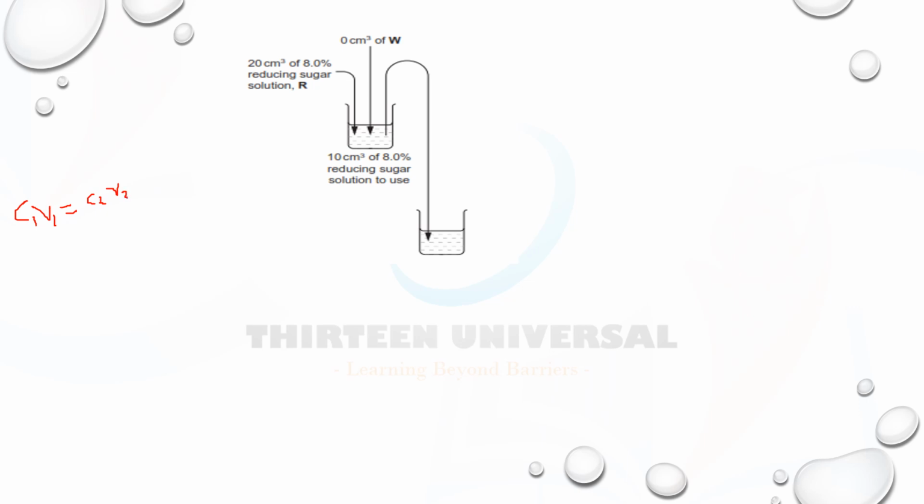If I do C1 over C2, that gives me the dilution factor, and that's equal to V2 over V1. That's the dilution factor. If you want to find a dilution factor, like here, we are to dilute by half, half fold.